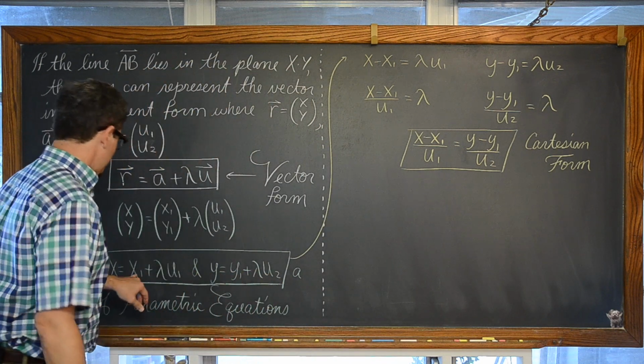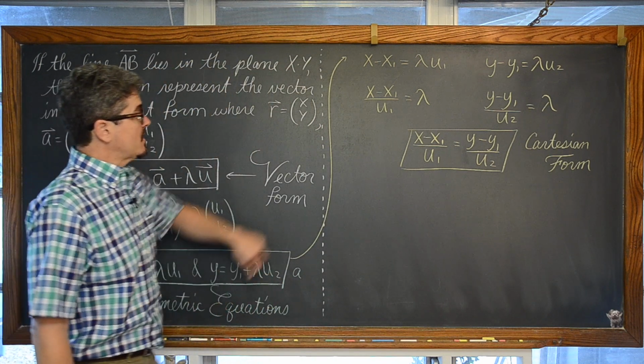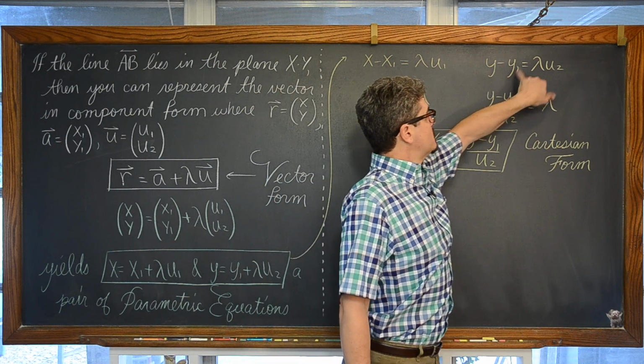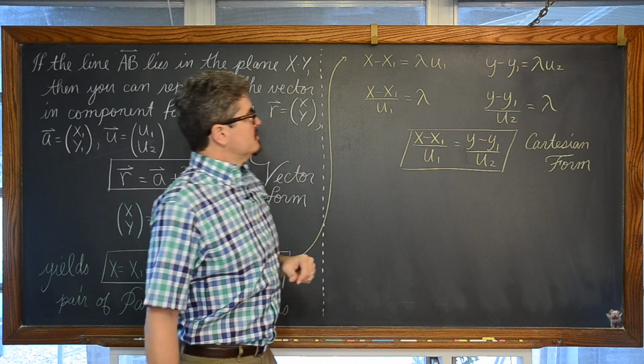So we're going to bring x sub 1 over and y sub 1 over with subtraction and get x minus x sub 1 equals lambda times u sub 1, and y minus y sub 1 is equal to lambda times u sub 2.